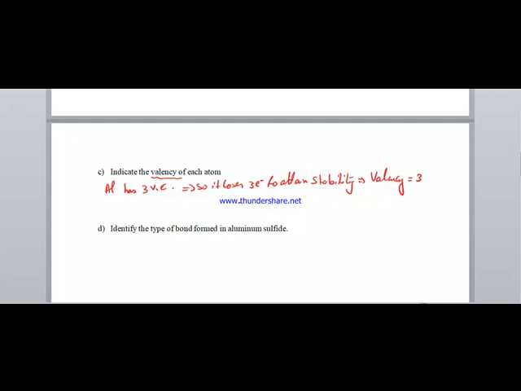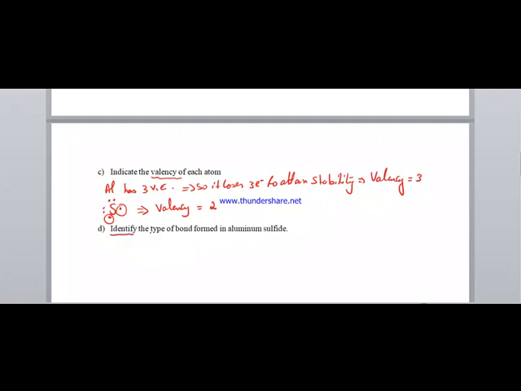We can also refer to the Lewis dot symbol, which represents the single dot electrons. Sulfur has 6 dots, of which 2 are single dot electrons, so the valency is equal to 2.